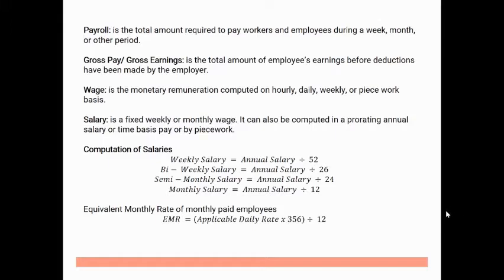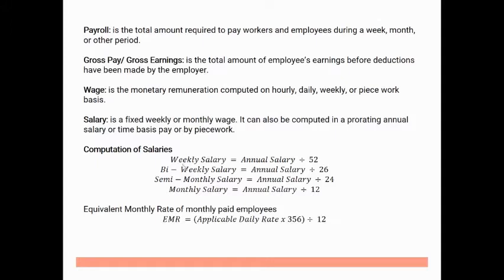So companies usually pay employees weekly, bi-weekly, semi-monthly, or monthly. In this manner, employers and employees can manage their money based on their pay schedule. So let's take a consideration on the computation of salary.